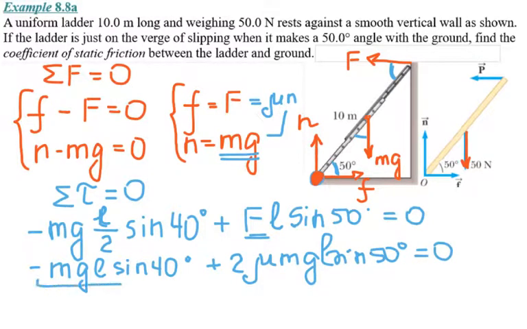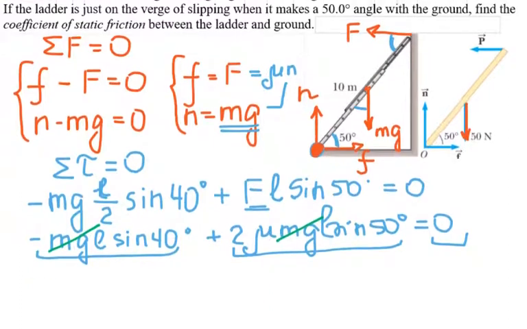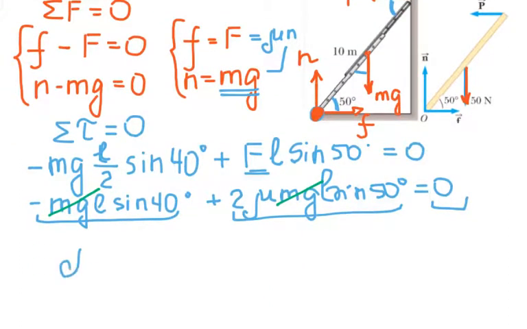And I have 1, 2, 3 terms that I can divide by mg. So I'm going to cancel mg from each one of them. Cancel mg and cancel mg. And then your mu, the coefficient of friction, is equal to, oh, I could cancel L as well.